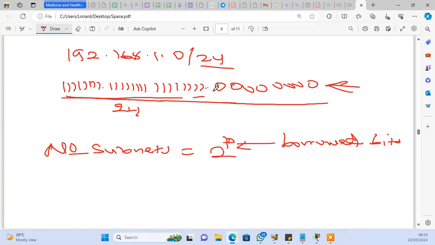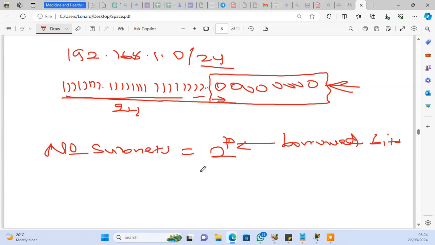Now the borrowed bits, because now we are dealing with this octet here, are the ones that have encroached on this octet. So right now, there is no bit that has encroached on this portion.